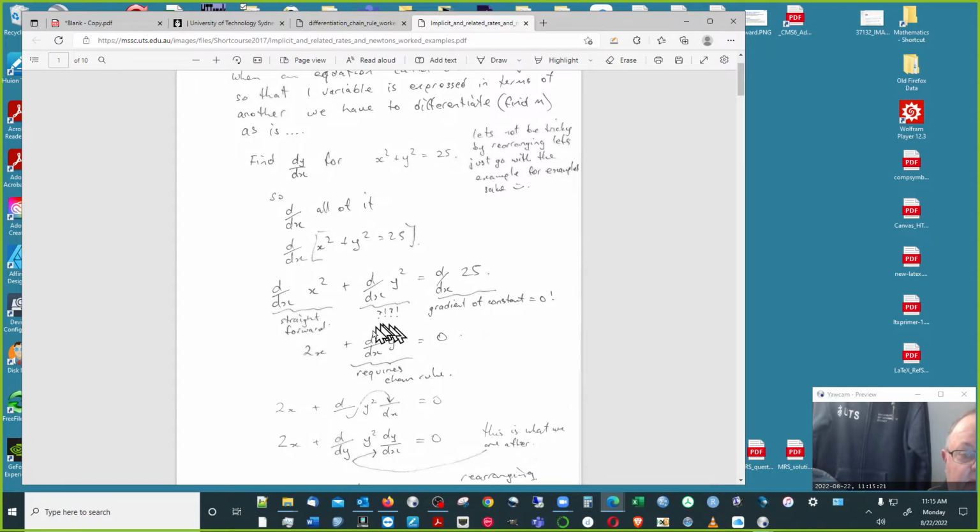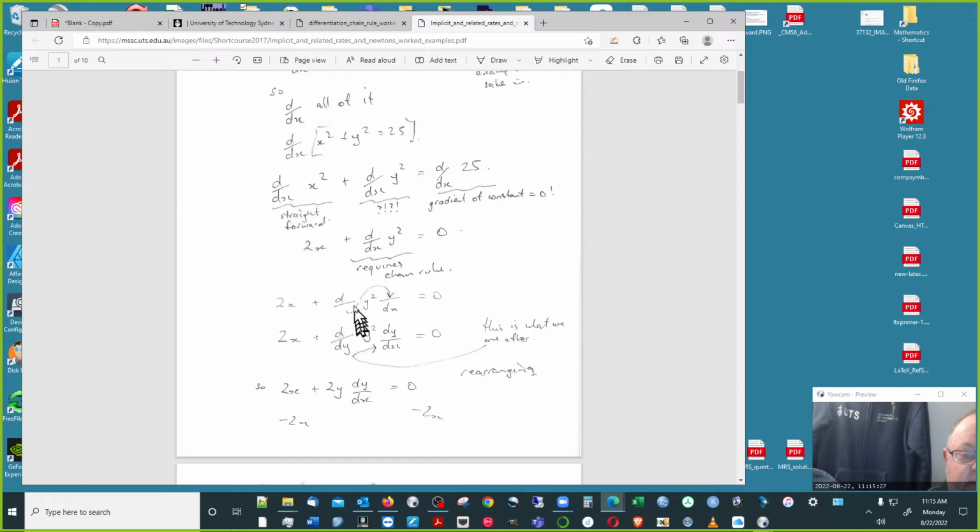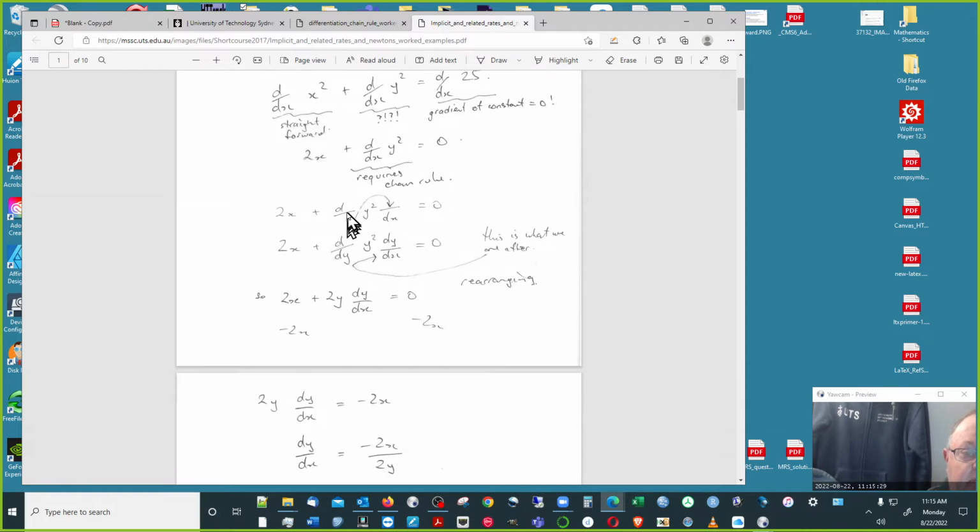So here we have to invoke the chain rule. d/dx of a constant, 25, the gradient is 0. So this is where we arrive. So we invoke the chain rule. What's a good d/d for this y squared? It's dy/dt. So this is all the line by line working of what I showed you earlier in your notes.